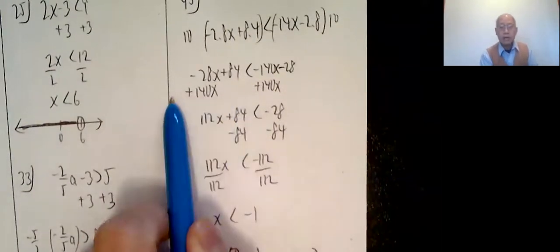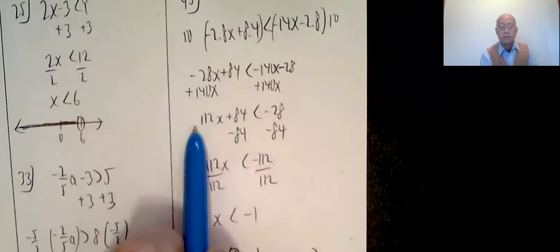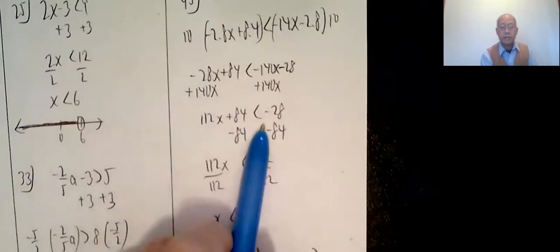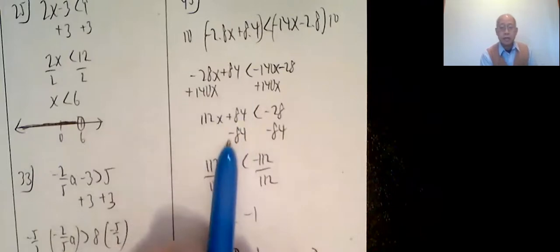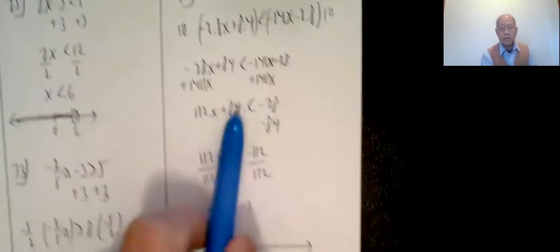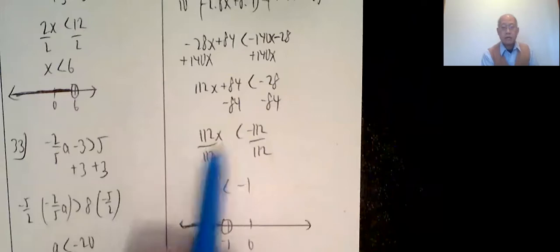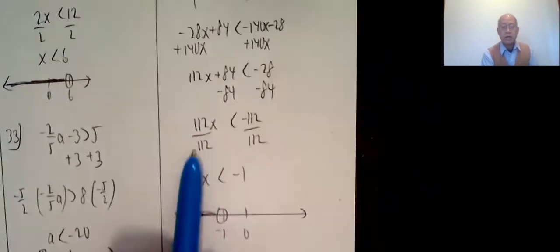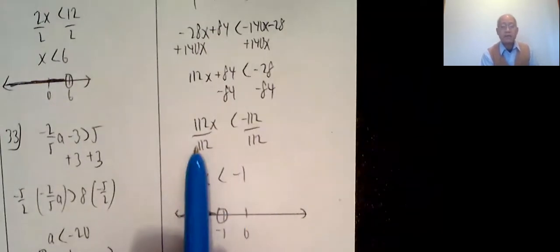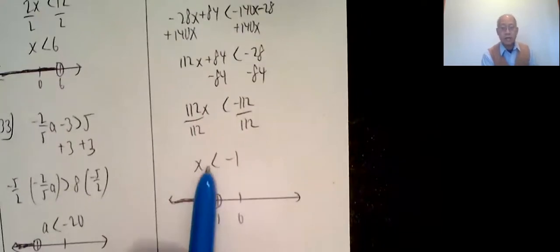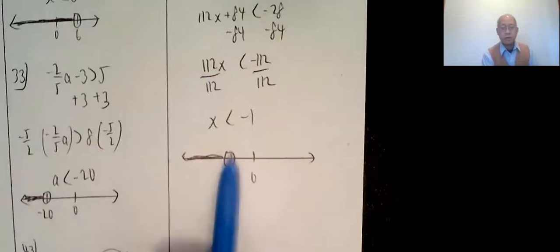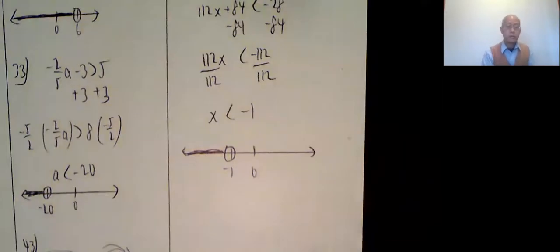Add 140x: 112x plus 84, less than negative 28. I added, so the inequality symbol doesn't reverse. Subtract 84, that doesn't change the inequality. 112x is less than negative 112. Divide by 112. I'm dividing by a positive, so that does not change the inequality symbol. X is less than negative 1. So open circle at negative 1, shade to the left.